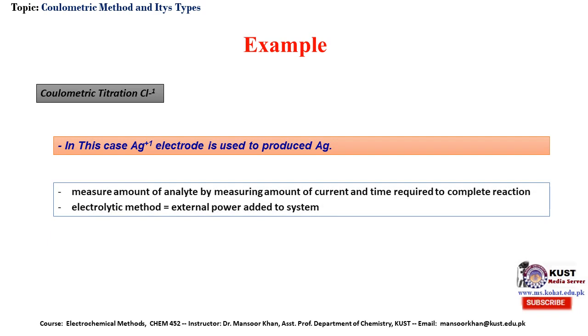So in this case we measure the amount of analyte by measuring the amount of current and time required to complete the reaction. An external power supply is used to provide electricity because it is the basis of colorimetric titration.